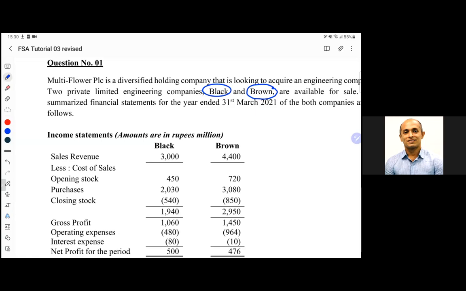But before doing your financial analysis, you have to see whether these two companies' accounts are ready for the analysis. So that's the objective of accounting analysis. Before moving to the financial analysis, you are going to see whether these two companies' financial statements are suitable for the analysis.